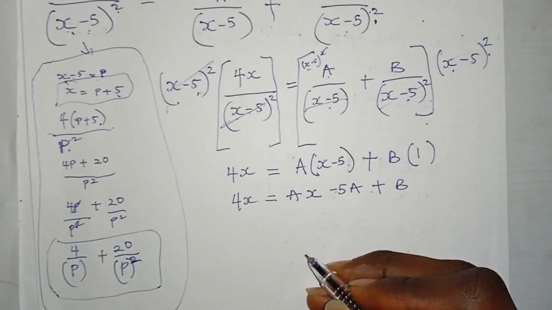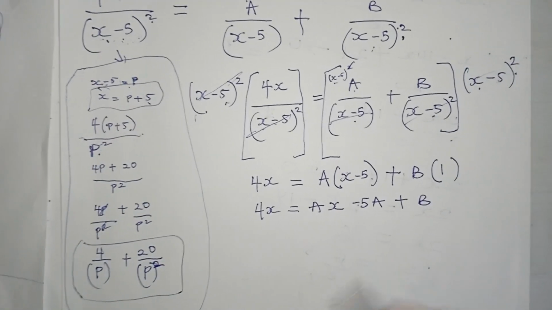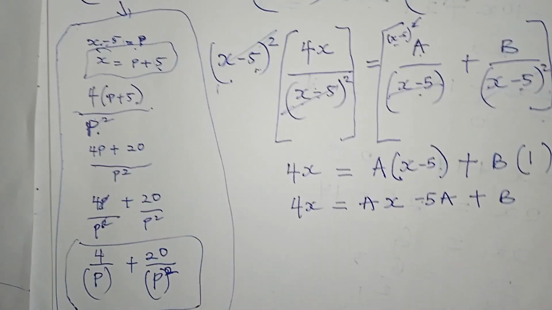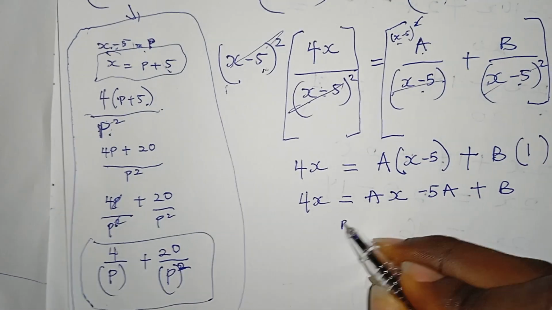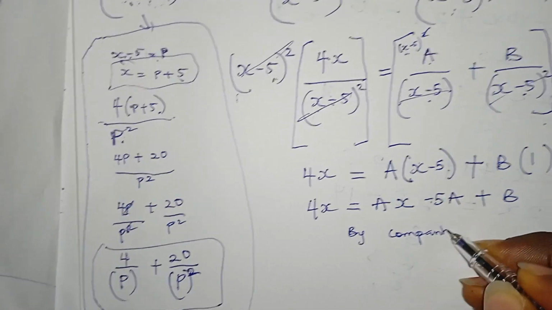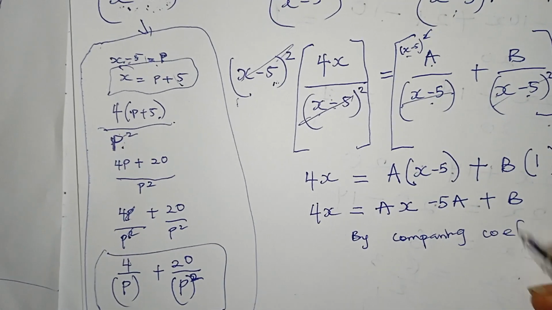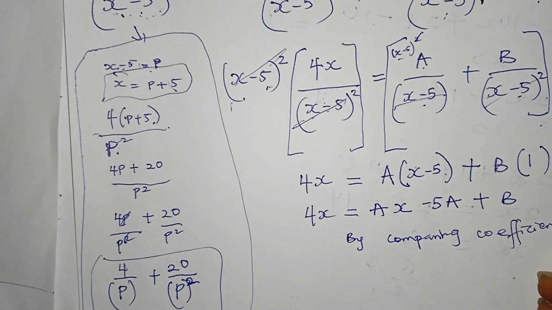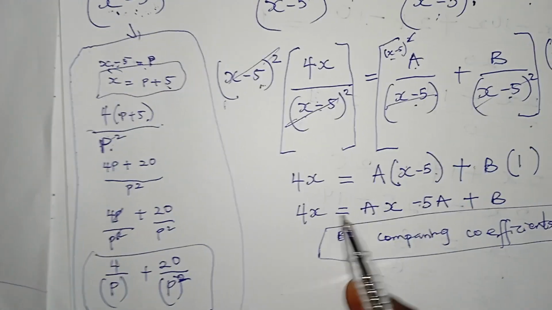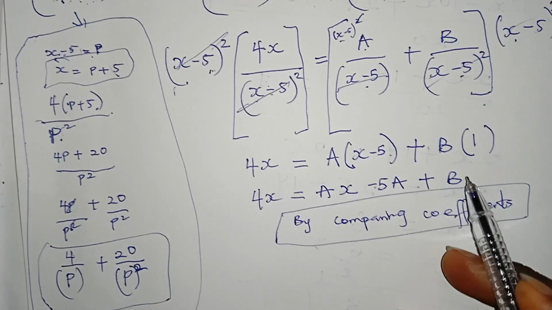So at this junction, you can say, by comparing coefficients, which simply means x against constants.